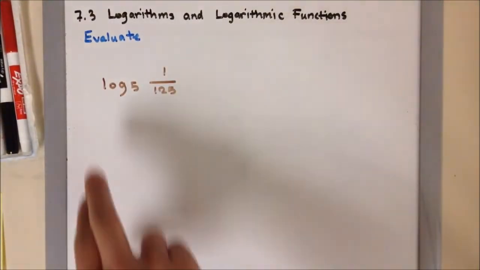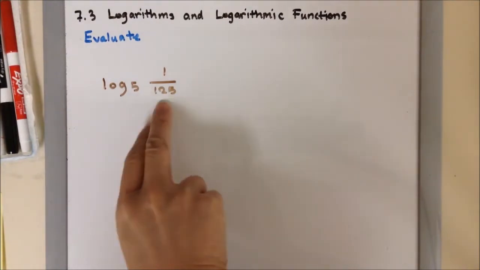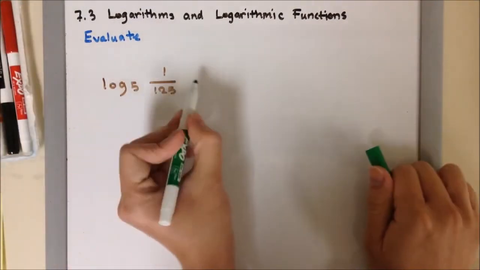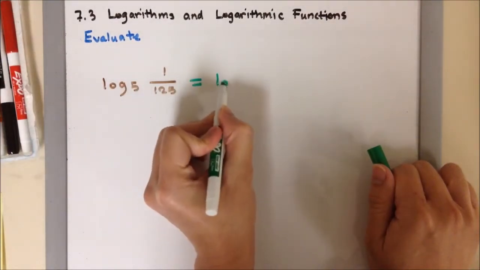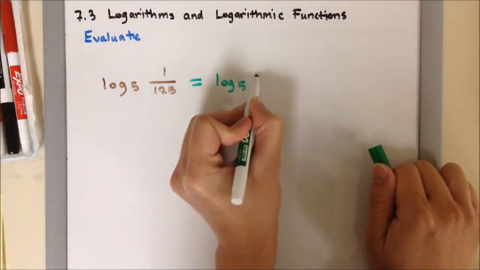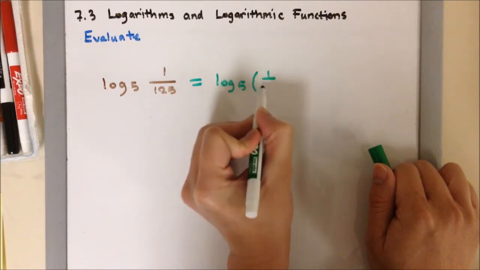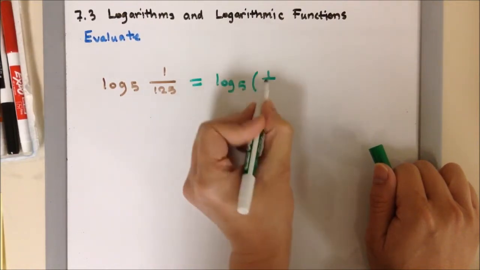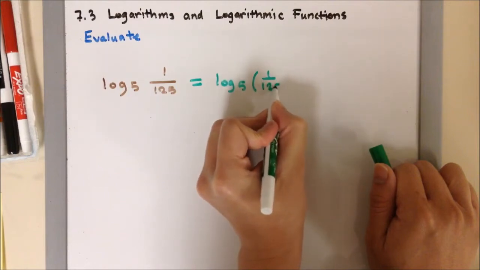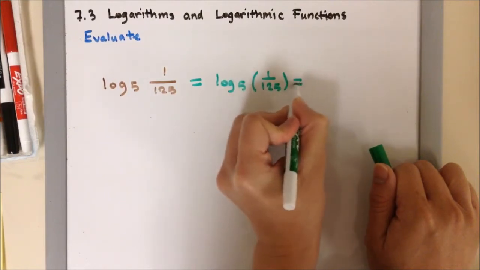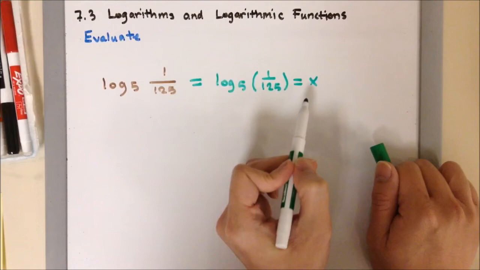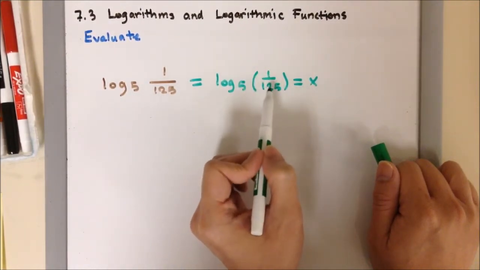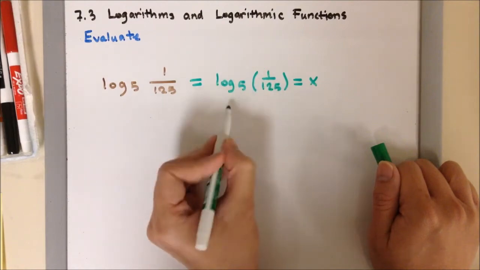In this example, we have log base 5 of 1 over 125. So let me rewrite this as log base 5 in parentheses 1 over 125 equal to x. So we're basically looking for an exponent for 5 that will equal 1 over 125.